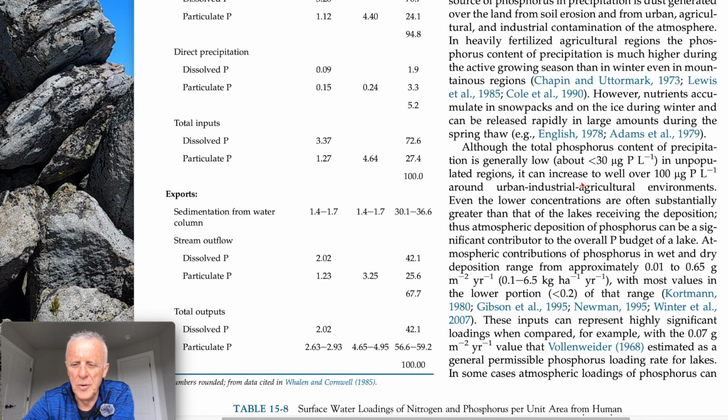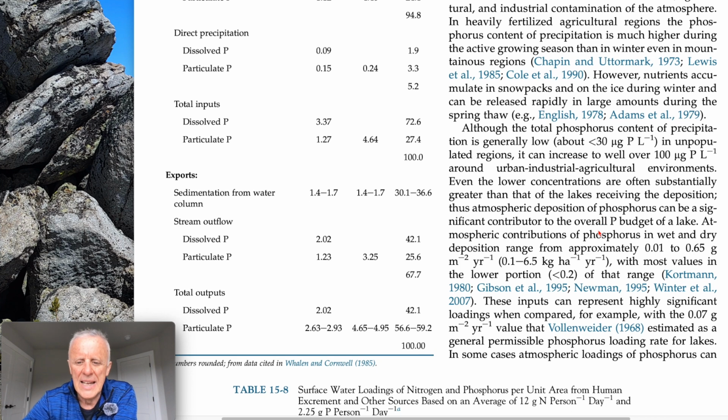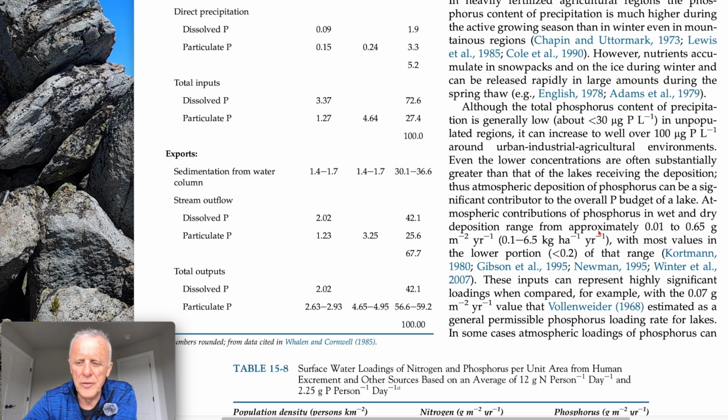Although the total phosphorus content of precipitation is generally low, less than 30 micrograms of phosphorus per liter in unpopulated regions, it can increase to well over 100 micrograms per liter around urban, industrial, and agricultural environments. Even the lower concentrations are often substantially greater than that of the lakes receiving the deposition.